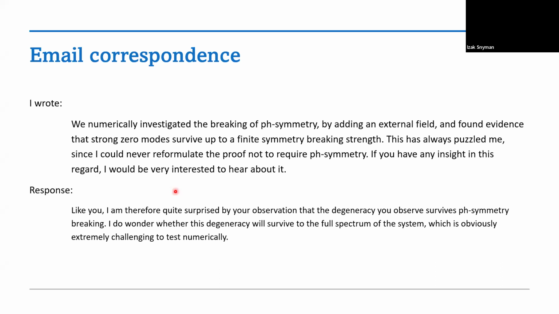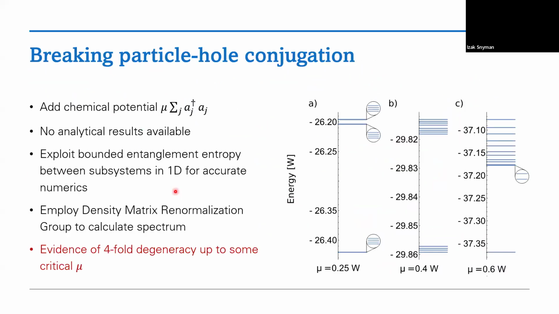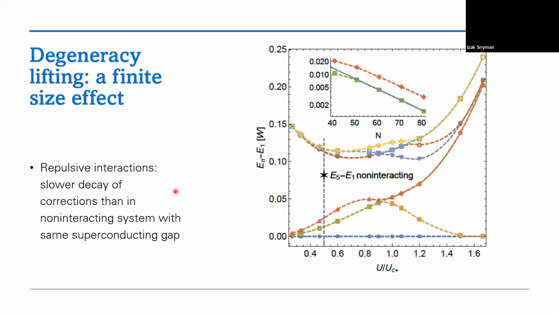So as you approach this point in what you call neural thinking, where you stop seeing the degeneracy, what happens? Like, what is this critical value? It looks kind of like this. So here I break the fourfold degeneracy by going across a phase transition, by making the interactions strong.